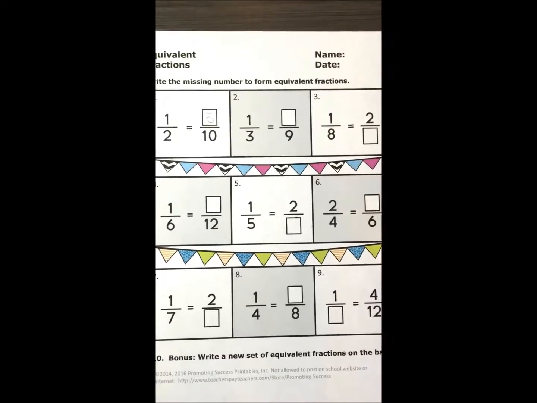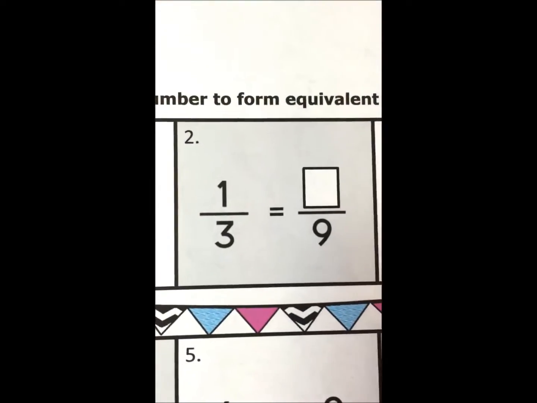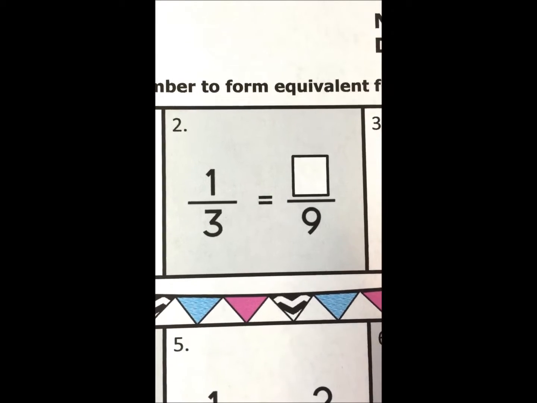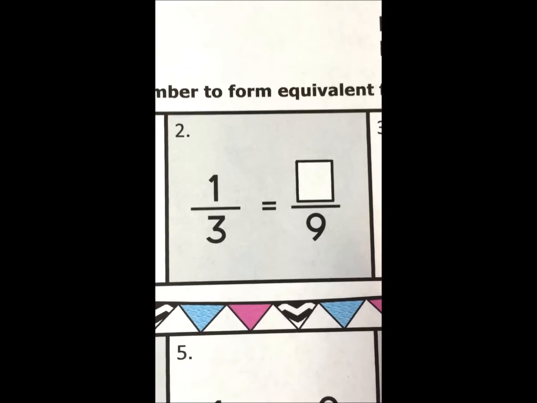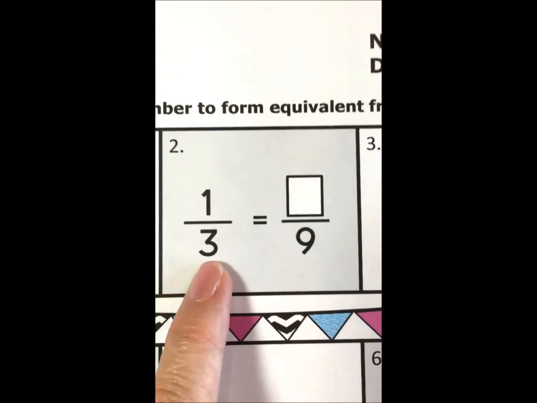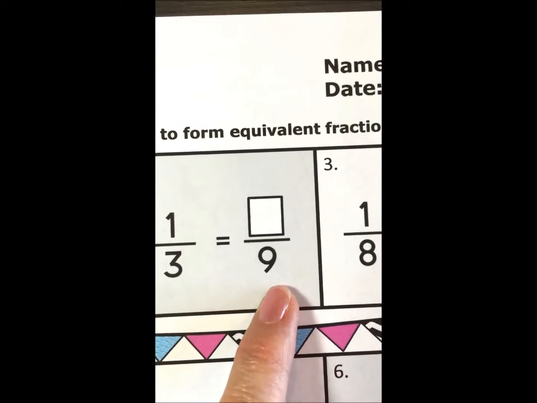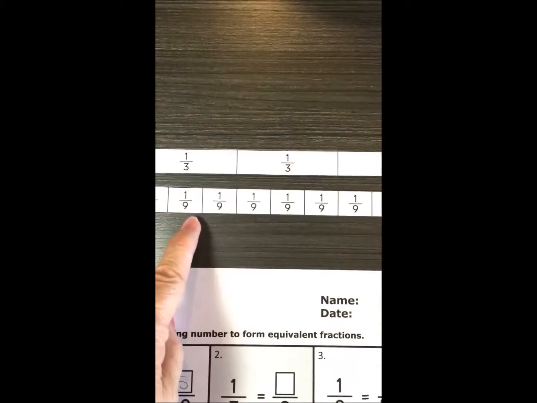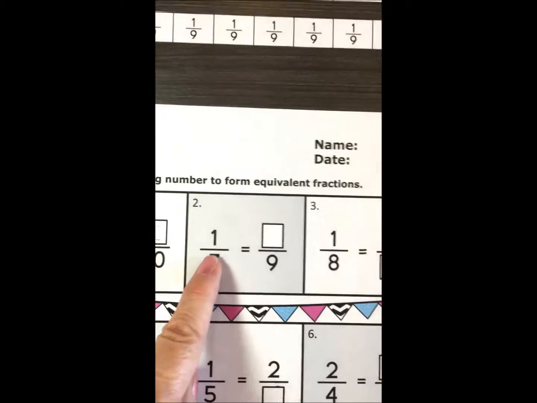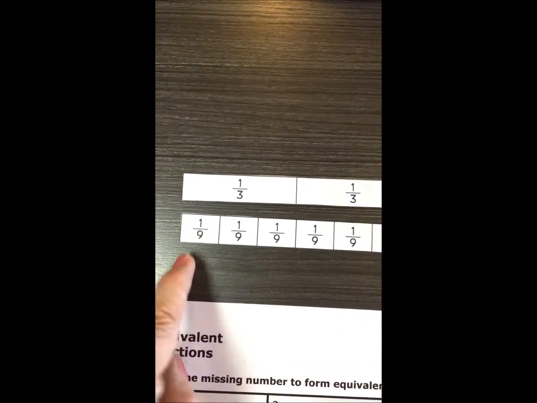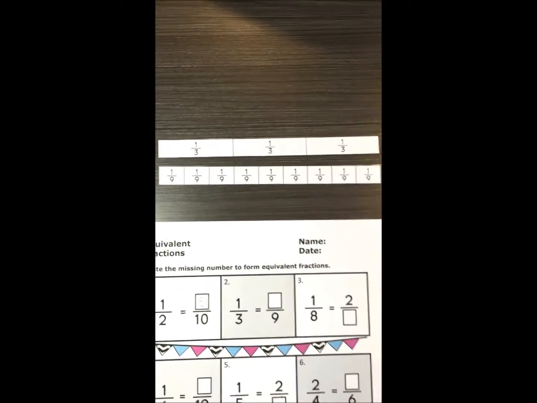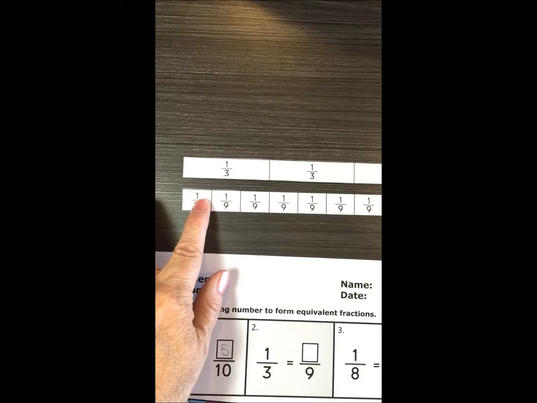Let's try one more example from our worksheet. Let's try number 2. 1/3 equals how many ninths? Our denominators are thirds and ninths. So we will be comparing thirds and ninths. We have our strips ready. We have thirds and ninths. We're comparing 1/3. 1/3 is the same as how many ninths? Notice our fraction strips are the same size and lined up.